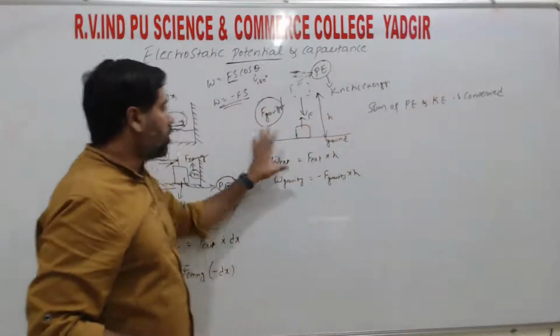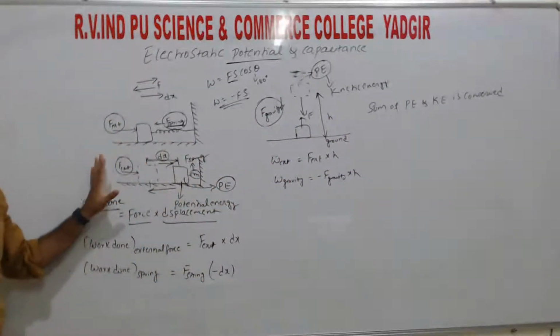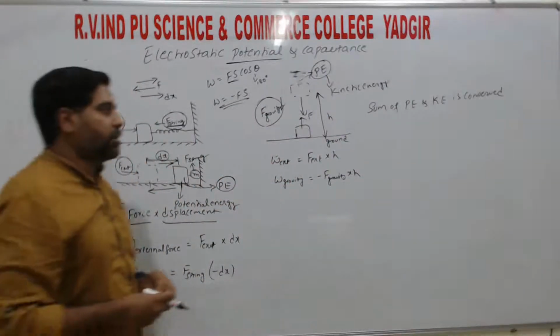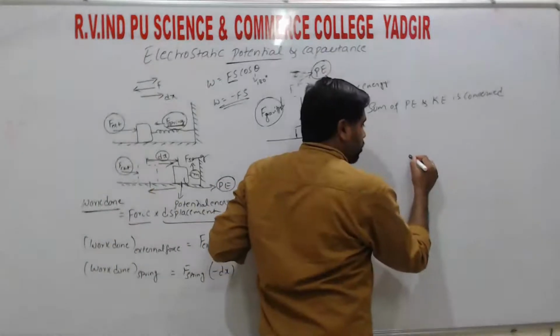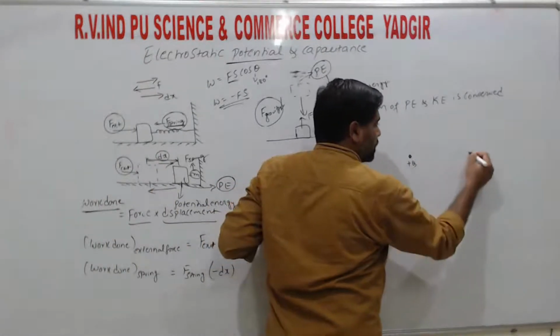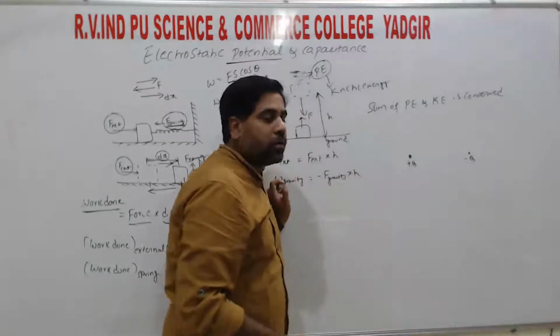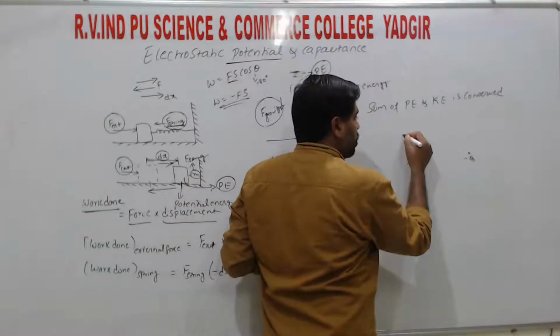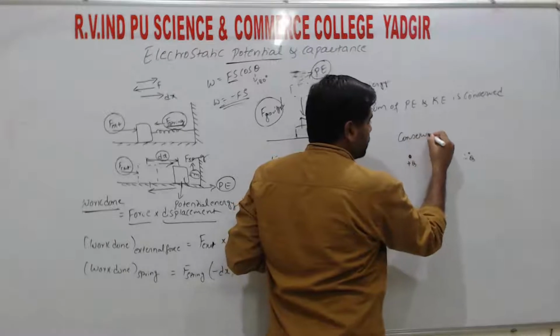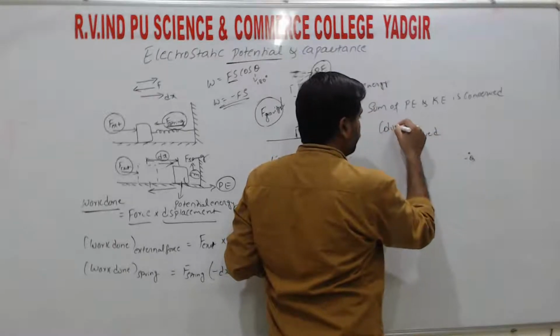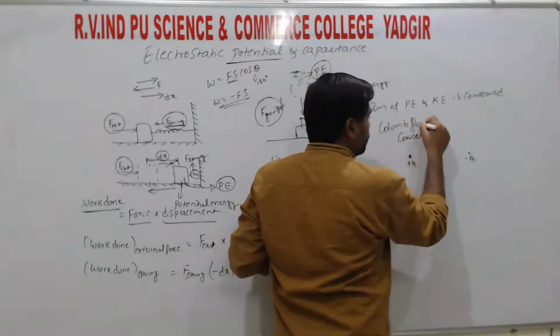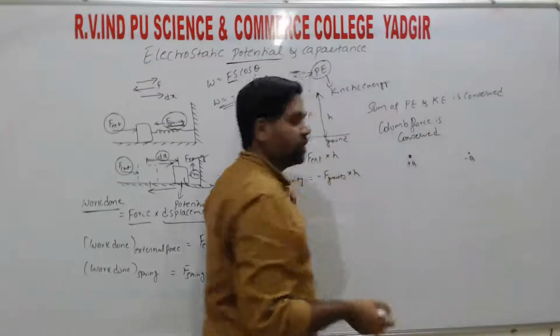So the same concept we are going to apply in the case of electrostatics, right? From electrostatic Coulomb's law, we have the positive charge plus Q, and here we have either plus Q or minus Q, right? So Coulomb force is conserved, right?